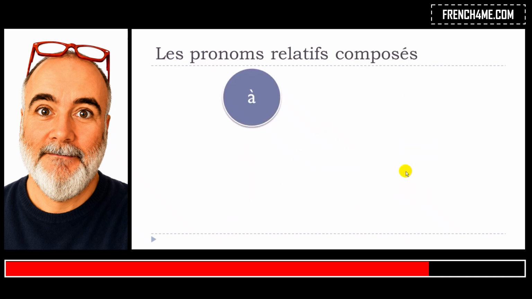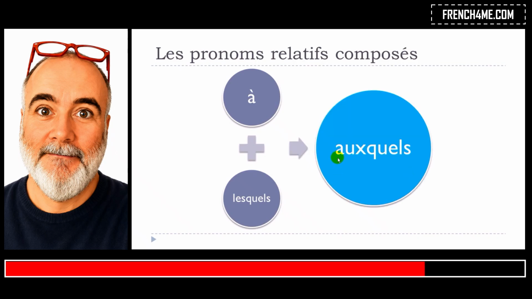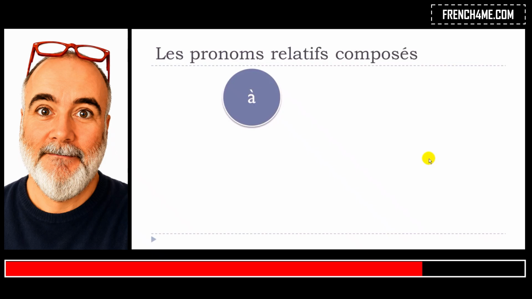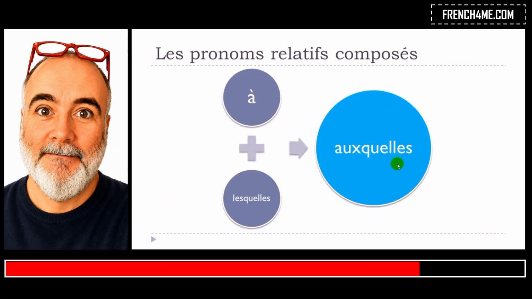If you combine à and the masculine plural lesquels, you will get auxquels, and if you combine à and the feminine plural lesquelles, you will get auxquelles. Phonetically it's the same as the masculine, but you write it differently here.